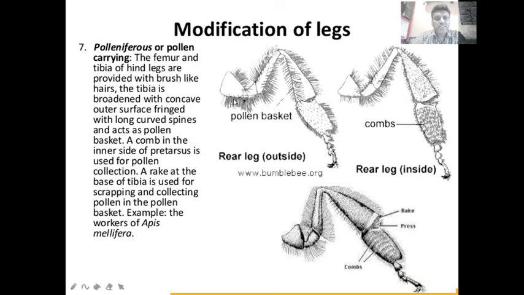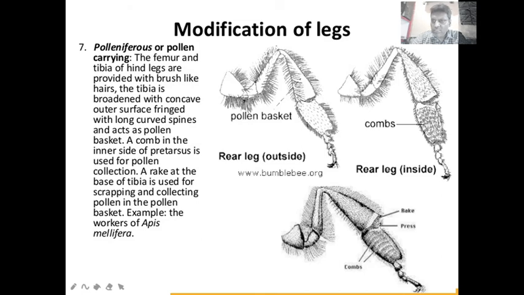The seventh is the pollen carrying type, polleniferous legs. The best example is the honeybee. The honeybee has a hair-like structure on its femur, tibia and tarsus. Several thread-like structures are there, and you can also see this gap.